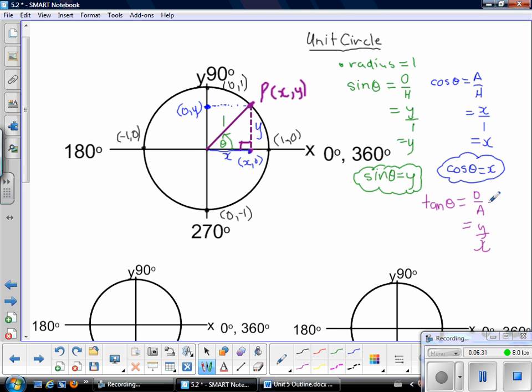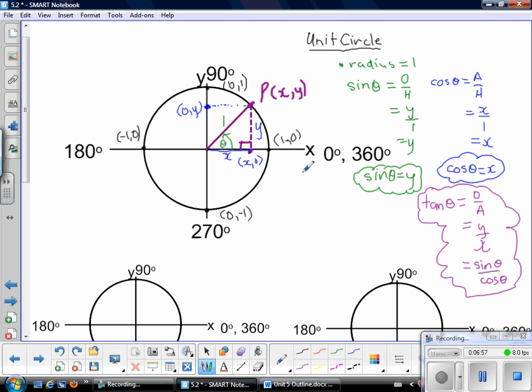Well, y was sine, so tan is made up of sines over x's. That's important too. It's actually got a special name, called the quotient identity. Not that we study the quotient identity in this course, but that's what it is. So those are 3 really important things that we've just discovered.